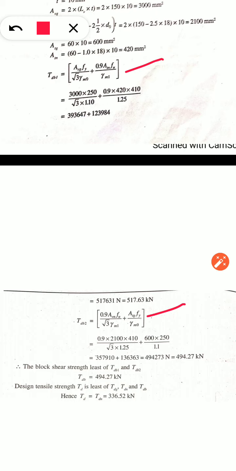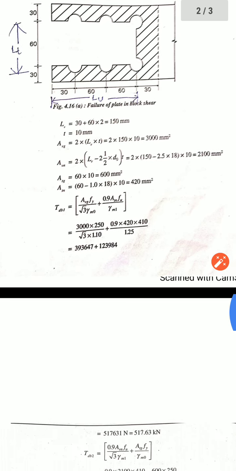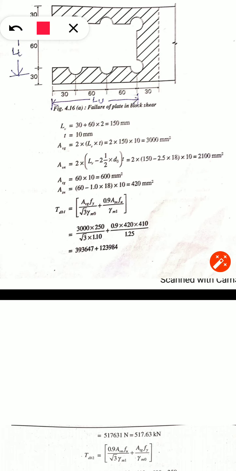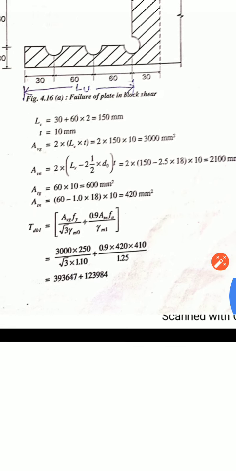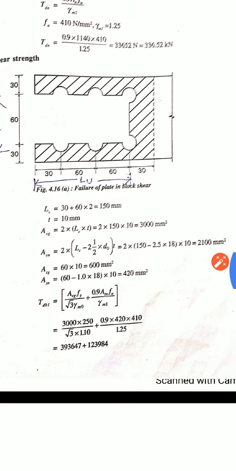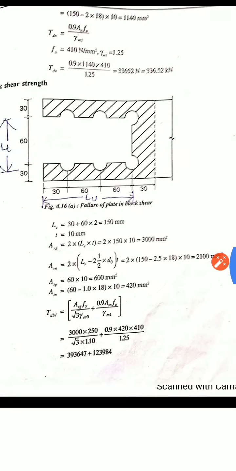The main important terms in Tdb1 and Tdb2 are Avg, Avn, Atg, Atn. So what are these? First we have to remember and draw this diagram.